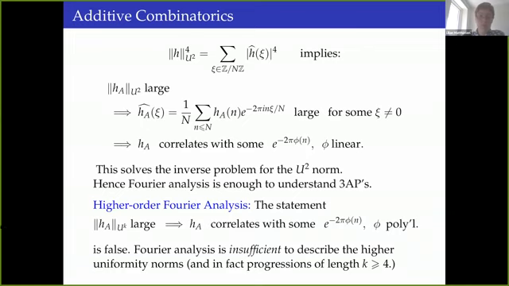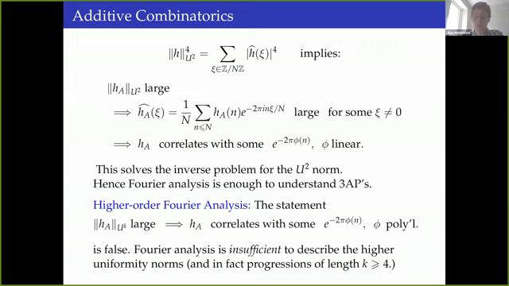In this regard, it is important to note, and this is one of the things that is contained in Green's paper, that an equivalent statement to the one about the U2 norm is no longer true for higher order uniformity norms. So the implication that the Uk norm of HA is large implies that HA correlates with an exponential with a linear polynomial phase function is false.